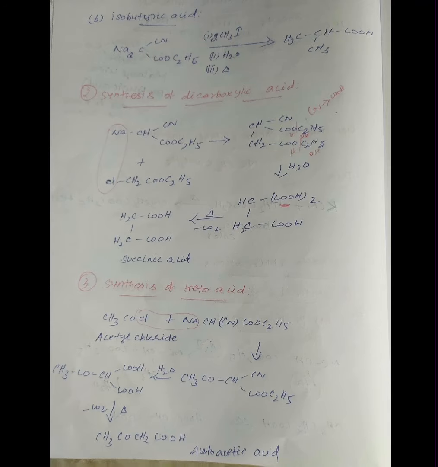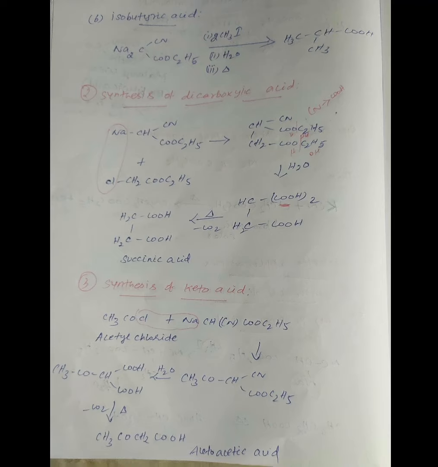Next, synthesis of keto acid. Acetyl chloride reacts with sodio-cyanoacetic ester. Here sodium chloride is removed. The aceto group is added to the ester.